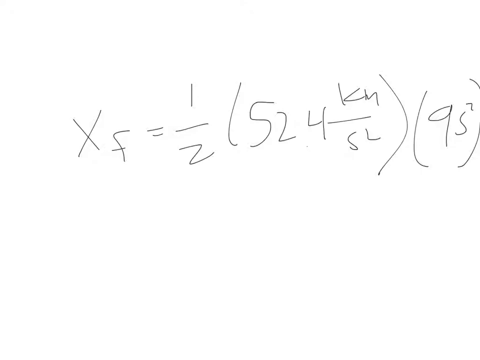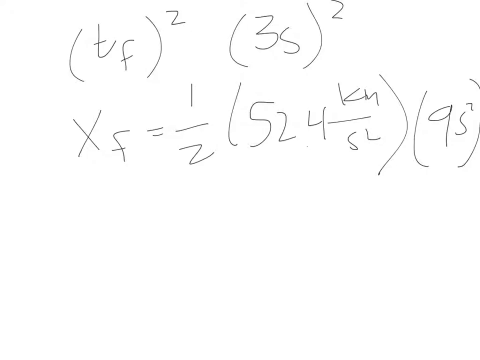Why did I put a 9 when the time was 3? The reason is that if you look back at the equation, you'll see that time final is a number that is squared. Our time was 3 seconds. When we square that, 3 times 3 is 9 seconds squared. Now it's okay to touch your calculators, but let me just show you how the units are going to cancel.